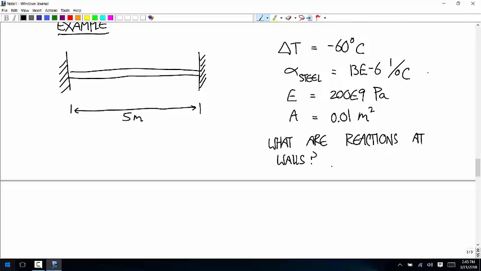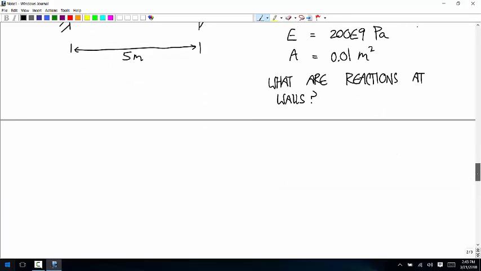And if it wants to shrink, it's going to try to pull away from those walls, and the wall is going to have to pull out on it to keep that the same length. Okay, so we're going to have that the elongation due to tension and compression plus the elongation due to thermal expansion is going to be equal to 0.